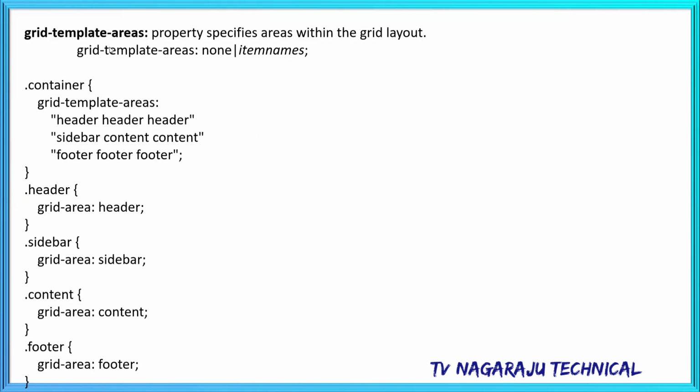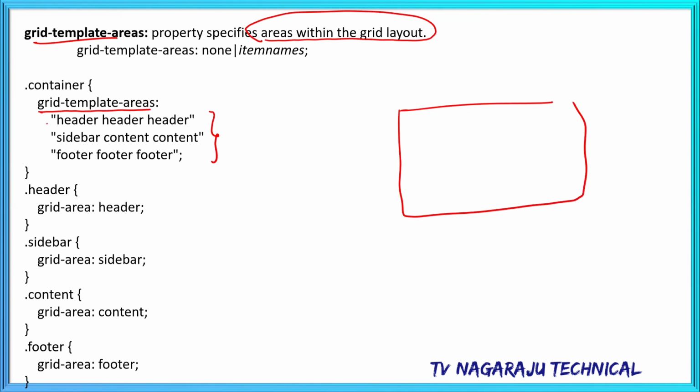Okay. Now move to grid template areas. This property specifies the areas within the grid layout. Suppose see this one, grid template areas colon. What is the meaning of this one? One grid layout is created. 1, 2, 3.